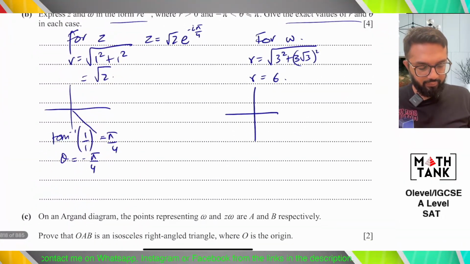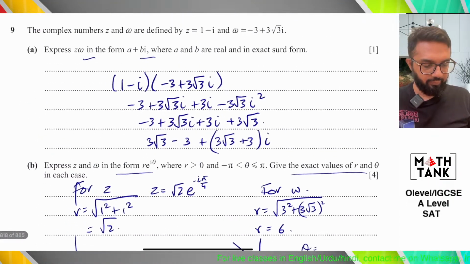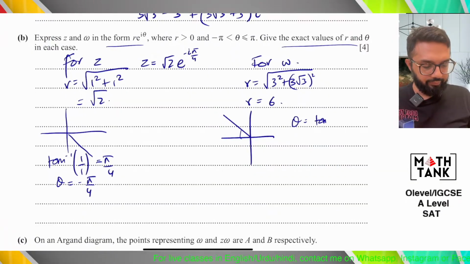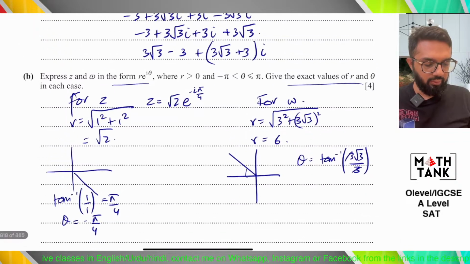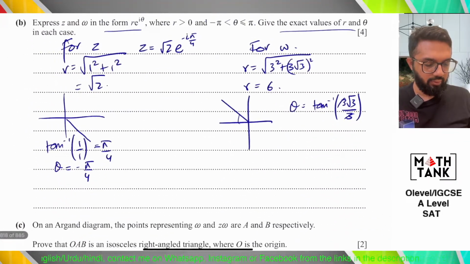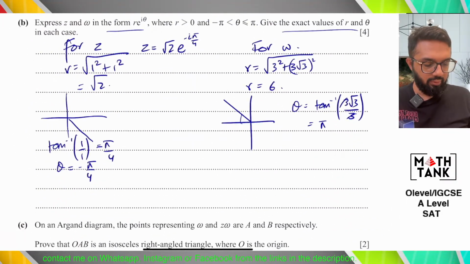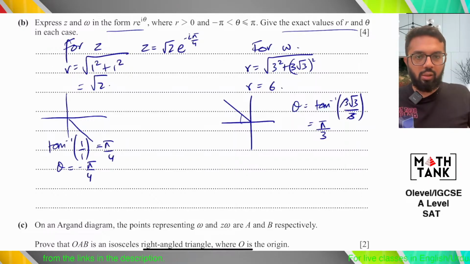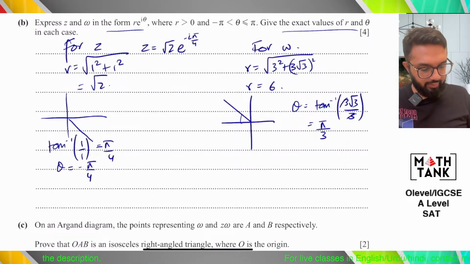Real is negative and I think that's pi over 3, yes.